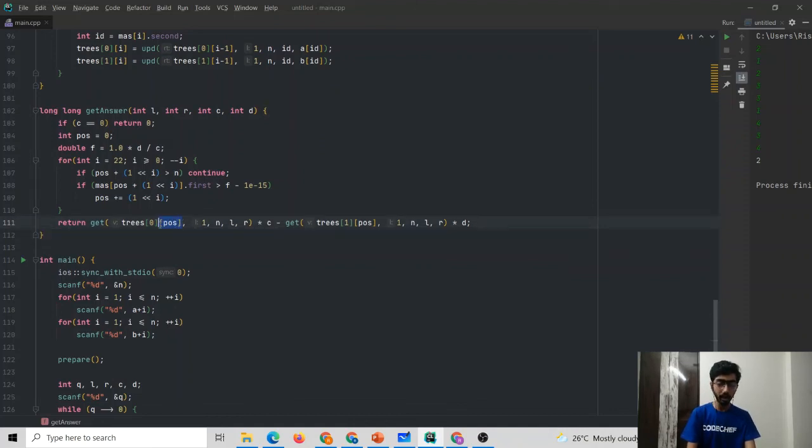Then for that persistent segment tree, we consider the contribution from L to R, multiply it with C, and also consider the contribution of L to R in the array B, and multiply it with D. And this will give our solution.